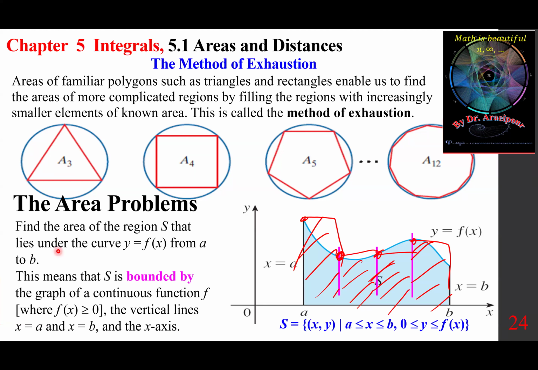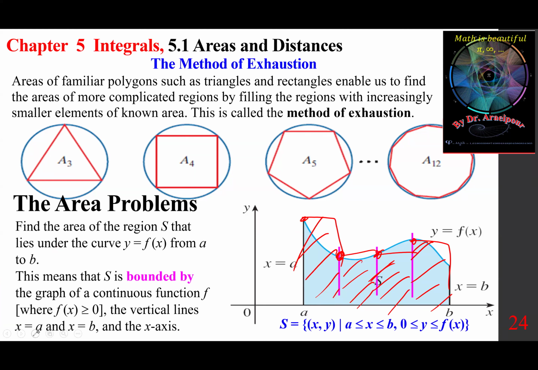I know this width is fixed. So b minus a divided by however many subintervals. In this case, I cut them into 4 equal regions. That would be the width. And by the way, the widths can be different, but it's easier if they're identical. The height, if I use the left end points, is this for each case.